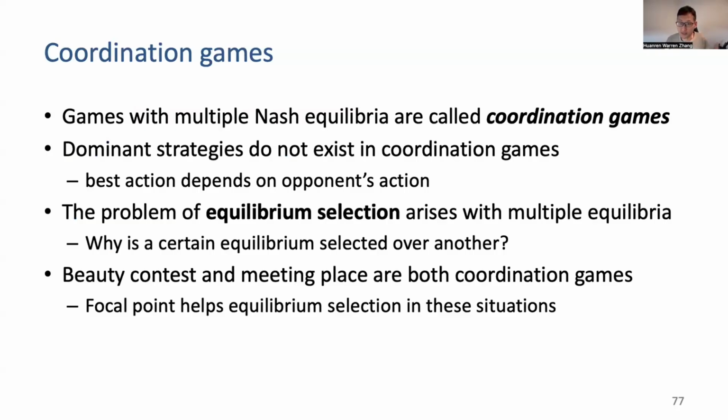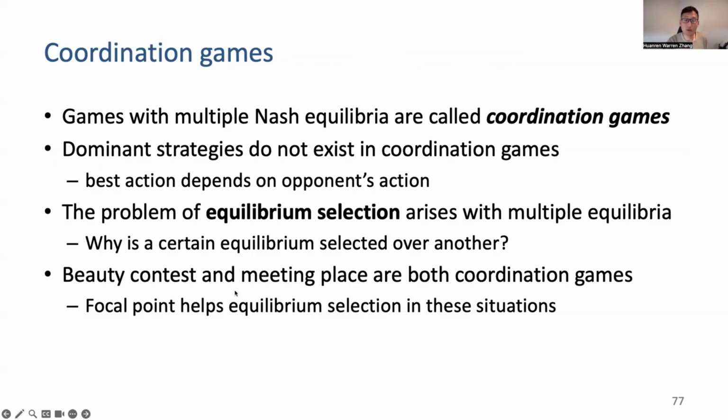Coordination games are quite different from the game of cooperation. In the cooperation game, Brewster's dilemma has a dominant strategy, so the only Nash equilibrium is to defect, even though it's mutually beneficial to cooperate. In a coordination game, there are multiple equilibria, so dominant strategies do not exist, because the best action depends on what the other player will do.